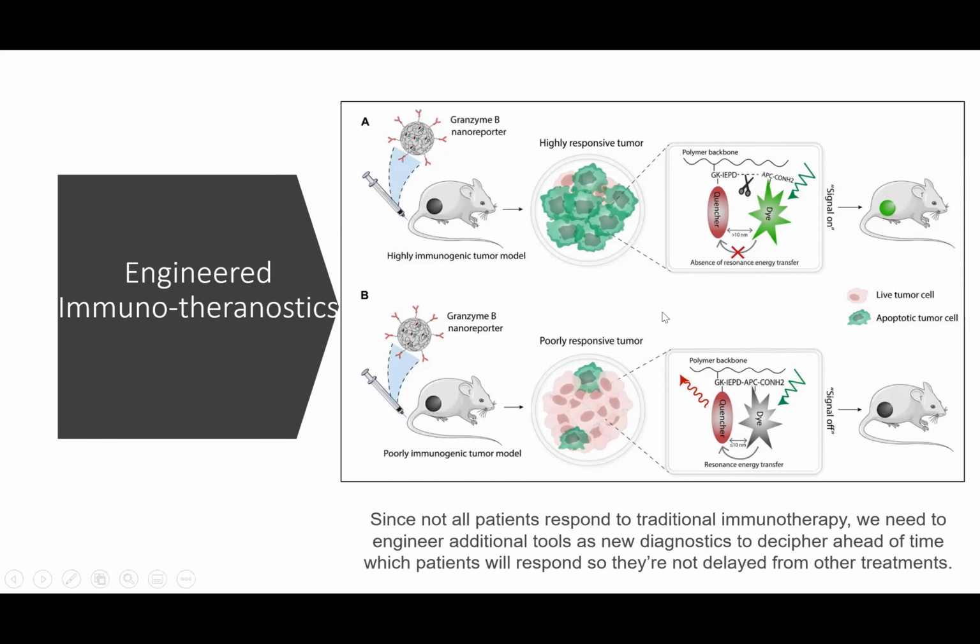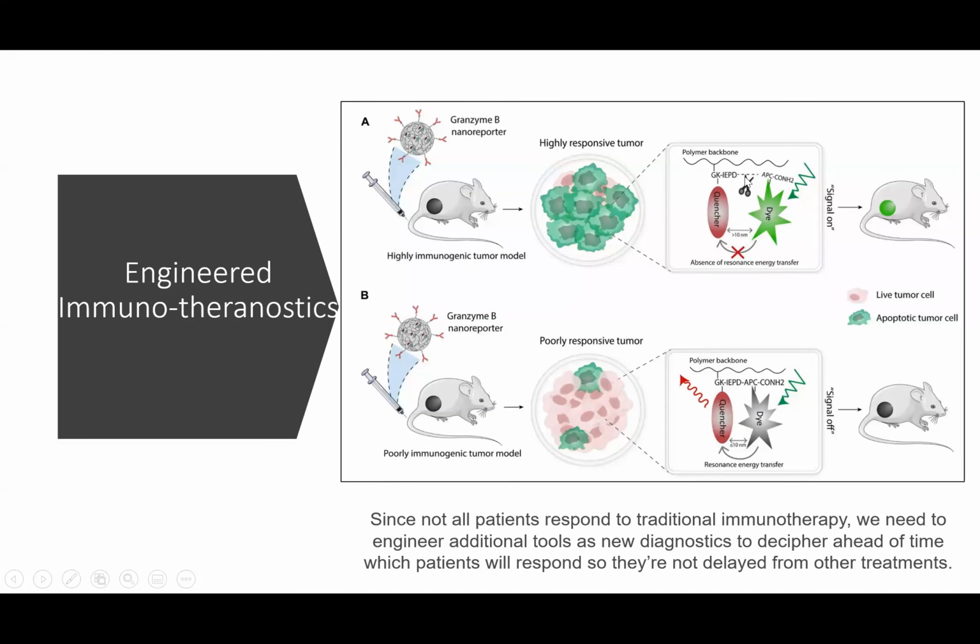So, for example, here, if we use an immune checkpoint inhibitor, anti-PD-1 or anti-PD-L1, this will activate the T cells. And T cells, like we mentioned in the mechanism, will release granzyme B. So here, for example, this nanoparticle has a dye and a dye quencher connected together by a certain bond.